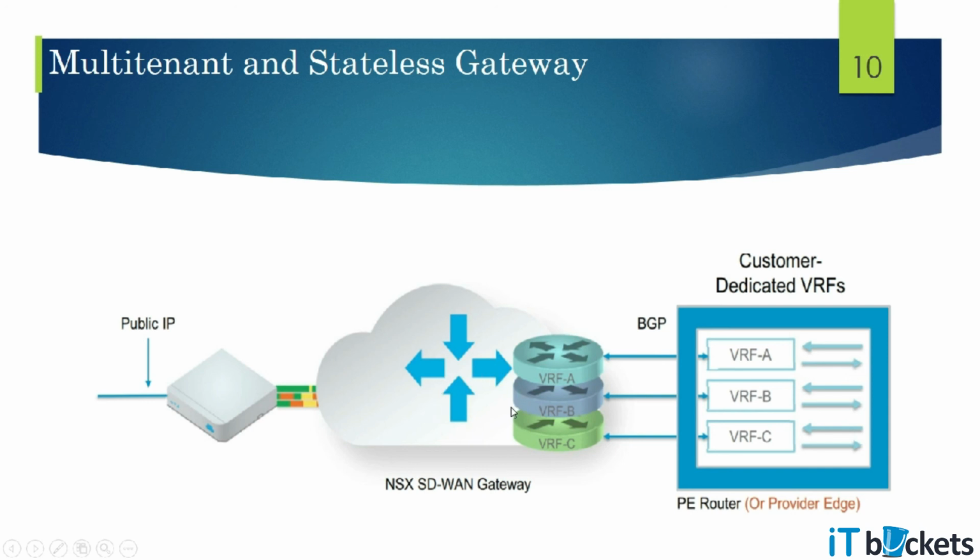It is a dedicated VRF table for every customer. When a new customer comes in, the gateway will create a VRF table for them and separate them from the existing ones. So in this diagram, every customer is connected to their own VRF table, and none of them are mixing between them.